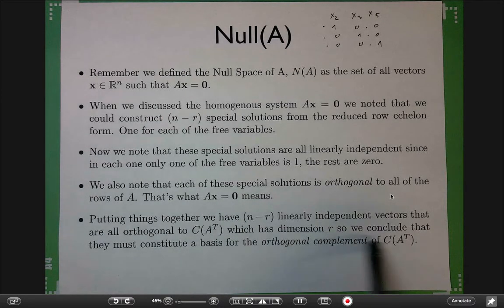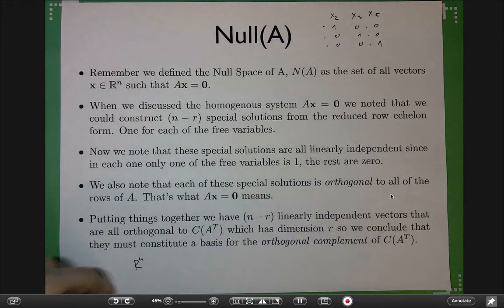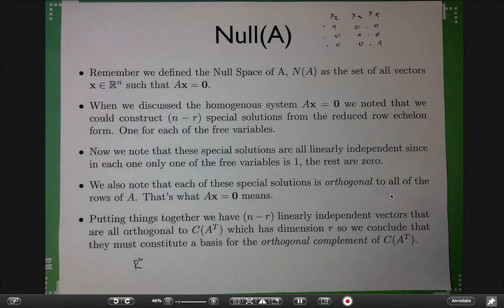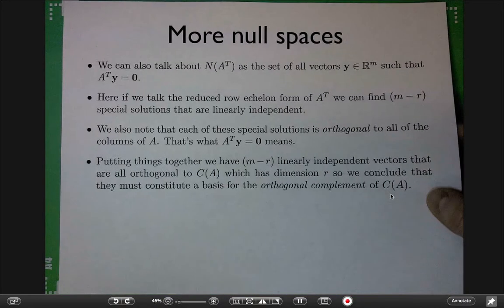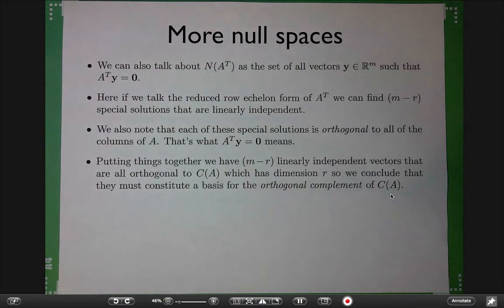So what it actually means is that we took the original R^n space and split it into two parts: the null space and its orthogonal complement, which is the row space. It might not make a whole lot of sense without seeing a specific example, but just hang in there, and it should all come together in a little bit.